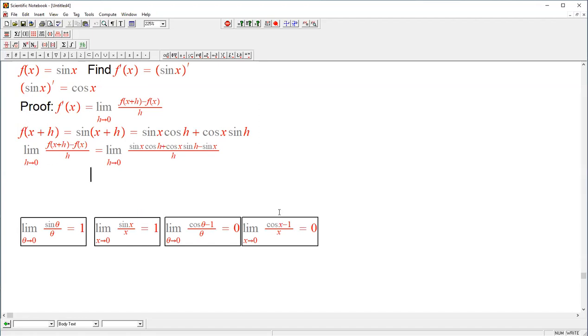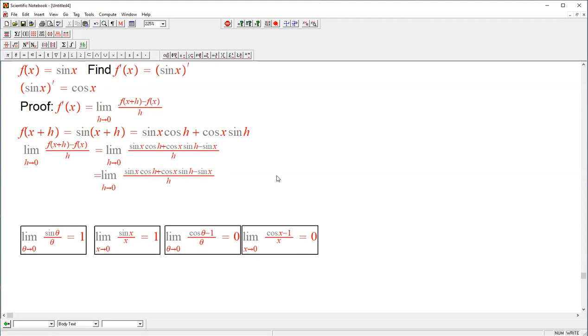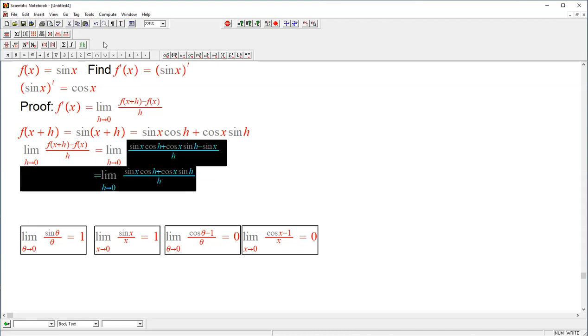Algebraically, this can be done by you. So let's do it together. It's also about whether we can apply limit law. And obviously now we cannot because we have it dividing by 0. The same trick, right? So we're going to bring this minus sine x to join with this piece.